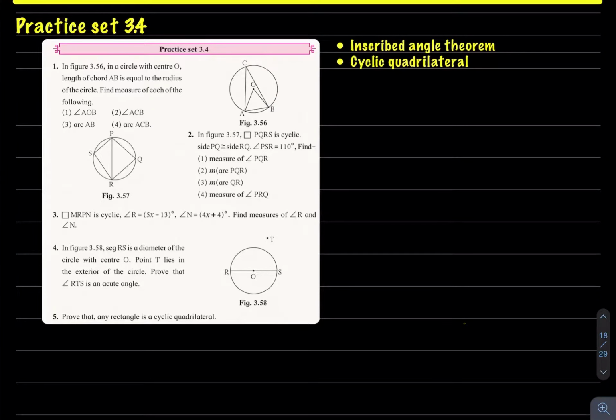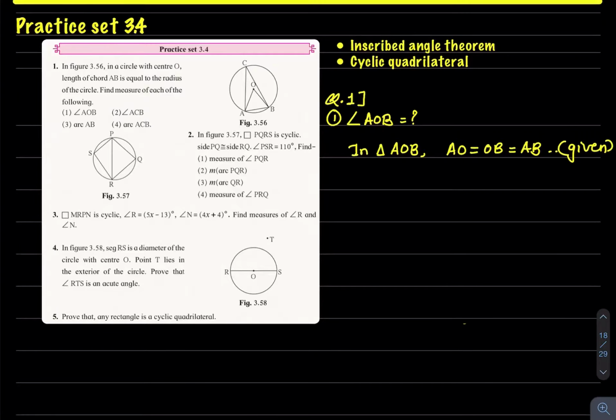So for the first question, to find angle AOB, see AB is given as the radius, so here AO is also a radius and OB is also the radius of the same circle. All three sides will be the same. So in triangle AOB, AO is the same as OB is the same as AB.